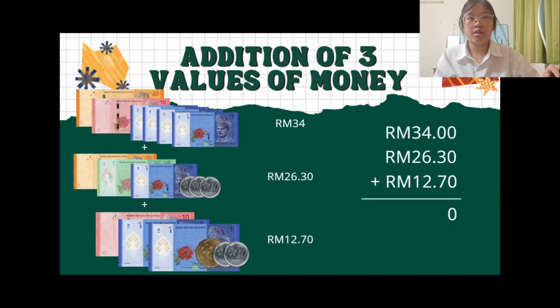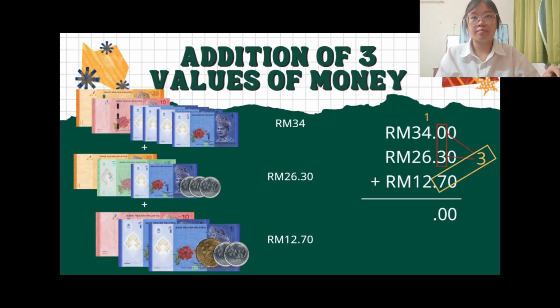Let's see the first part, 0 and 3. We plus it together and we get the sum of 3. Then we sum the sum that we got just now with the 7. So the answer is 10. So we write down the 0 and we carry the 1.